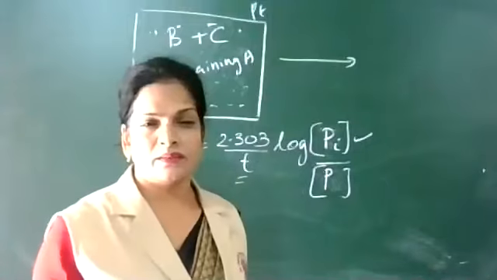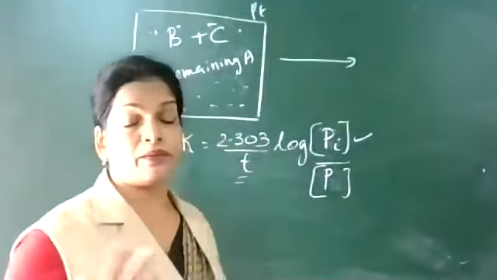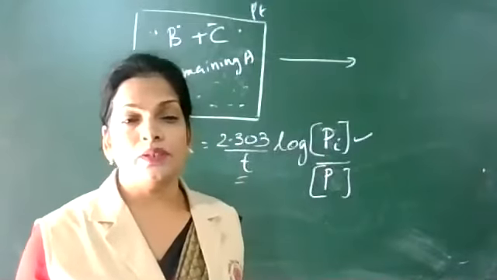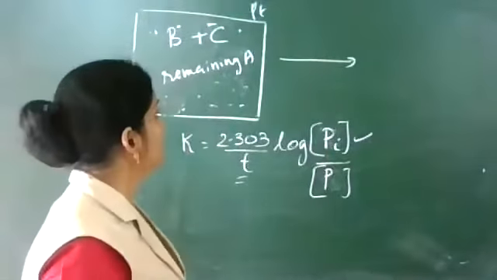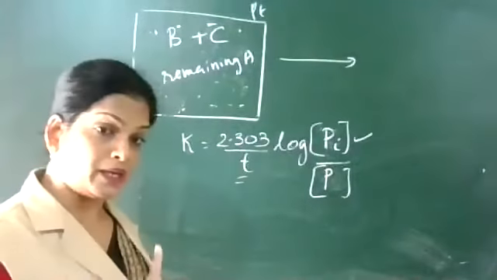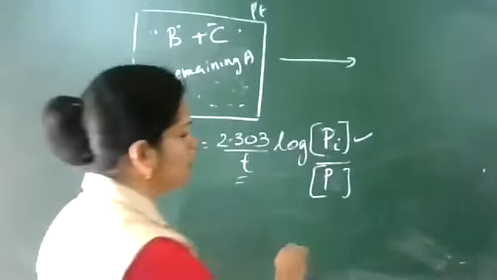So only two measurements you can do in terms of pressure. Time you can determine using a stopwatch. When the reaction starts, you switch on the stopwatch. So two pressure measurements you can do: one is Pi and one is P total. But we don't want P total.